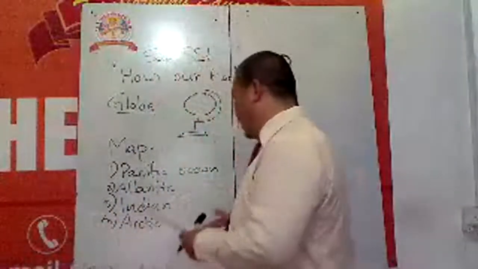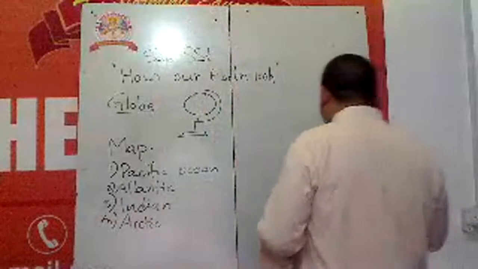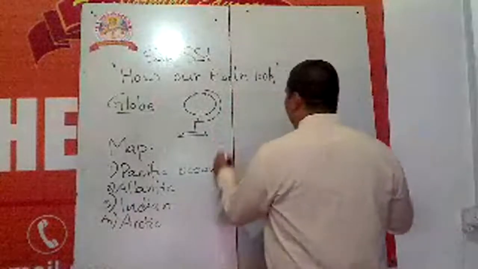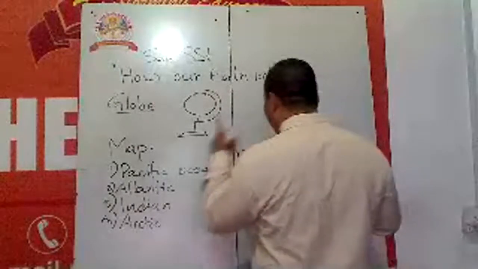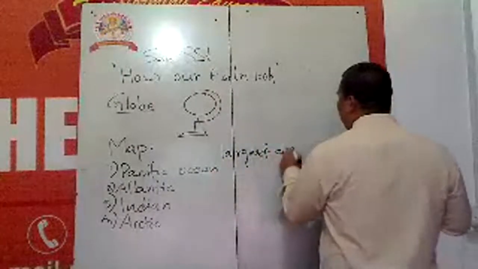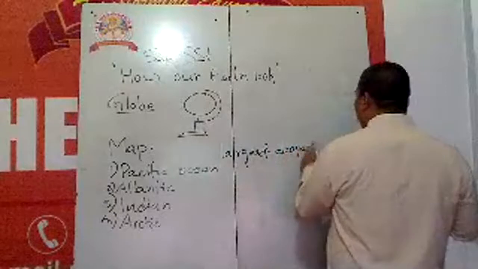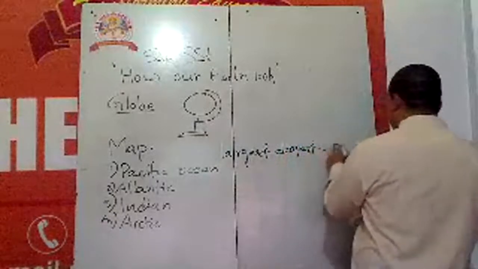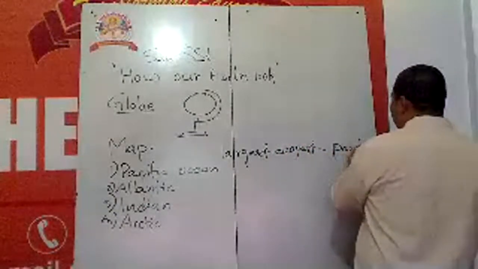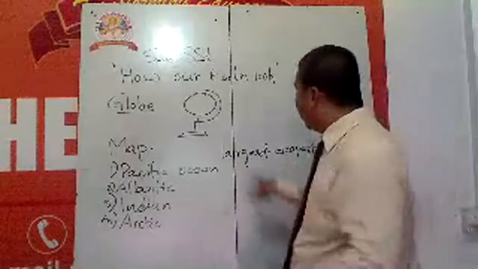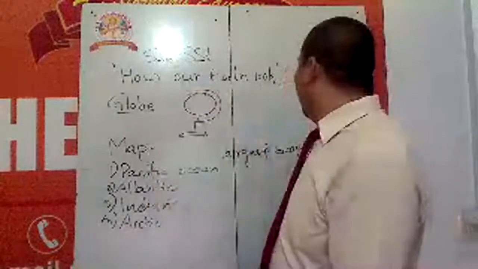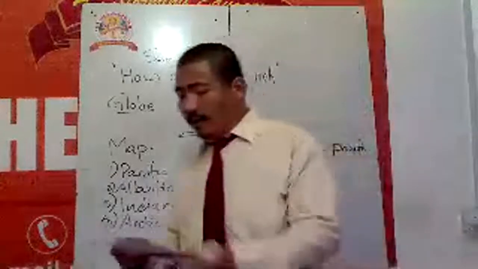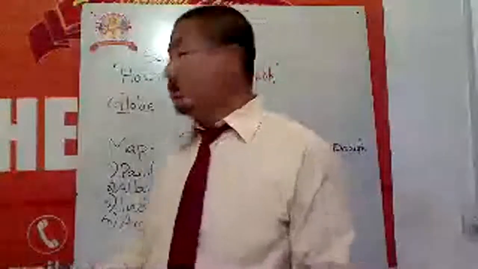Among these oceans, the largest ocean is also the deepest. The deepest ocean is the Pacific Ocean. Keep it in your mind. The largest and deepest ocean is the Pacific Ocean, and the smallest one is the Arctic Ocean.